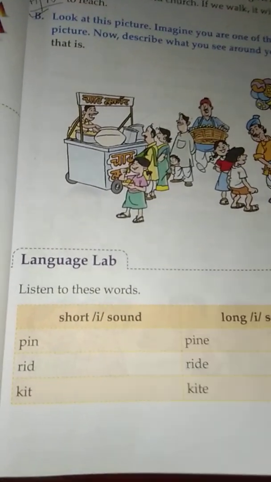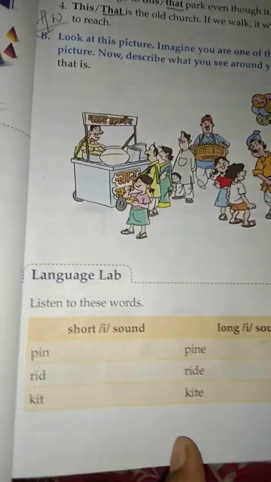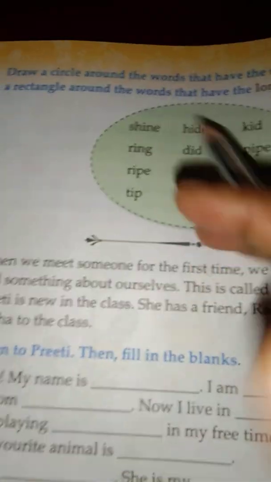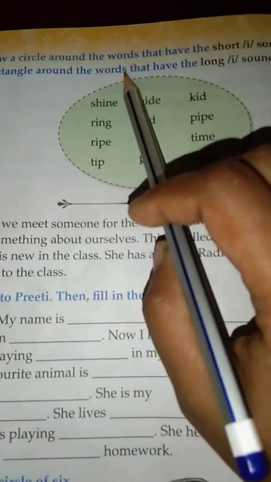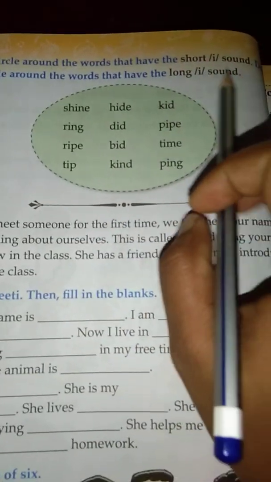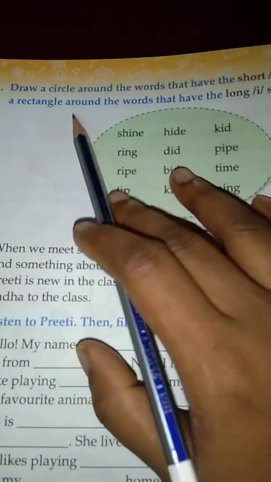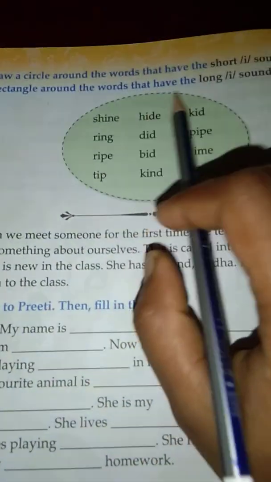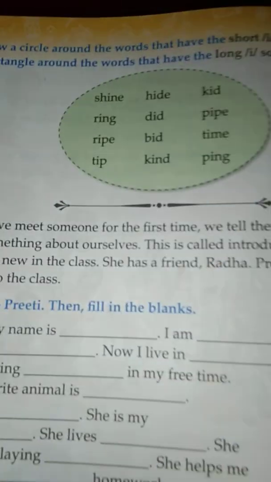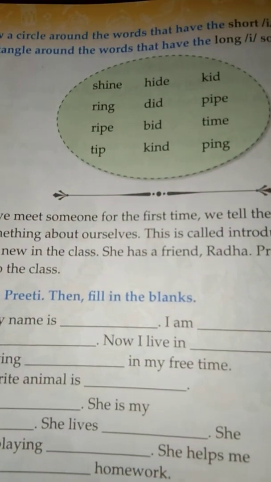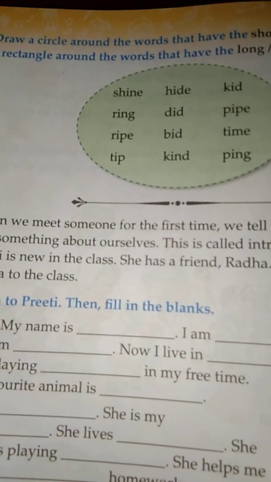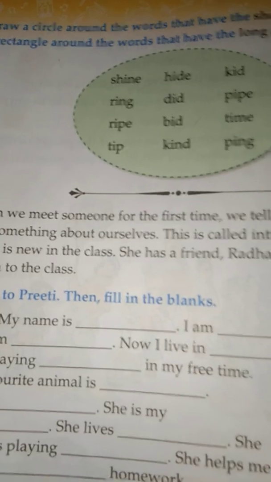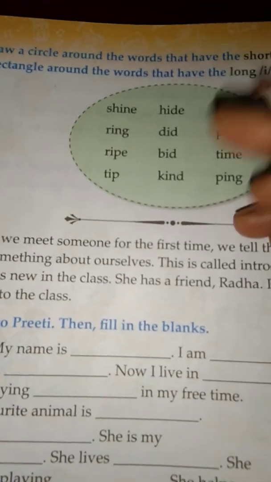These are some of the long I sounds, and those are the short I sounds. Here, draw a circle around the words that have the short I sound, and draw a rectangle around the words that have the long I sound.